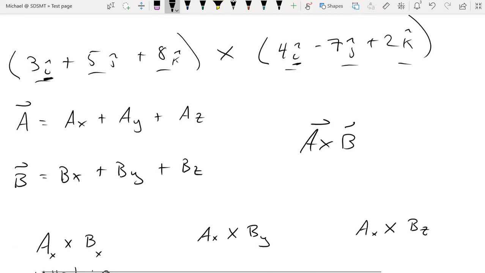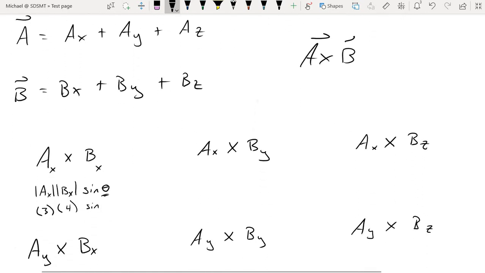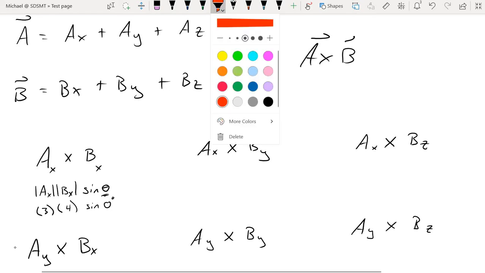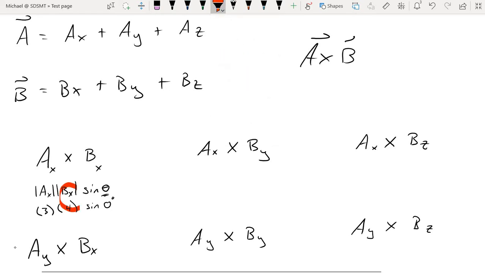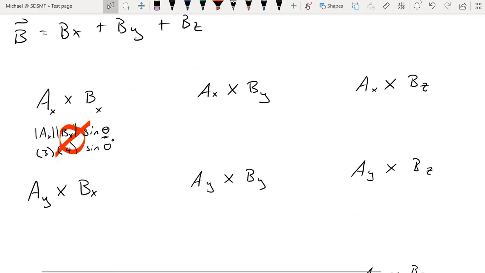They're both positive. So that means they're both pointing in the same direction, and that means we have an angle of 0 degrees. Sine of 0 is 0. And so that means we don't actually get anything out of that cross product.